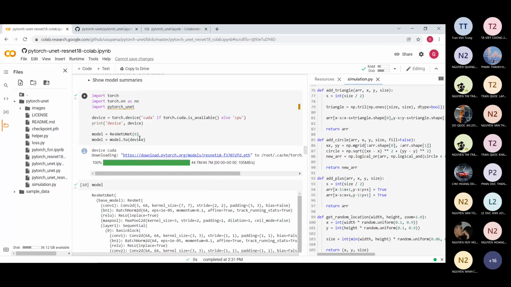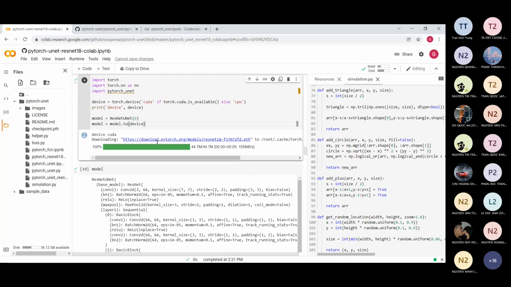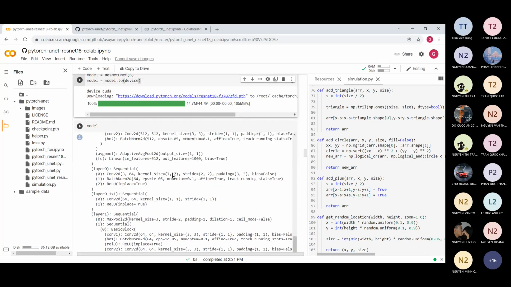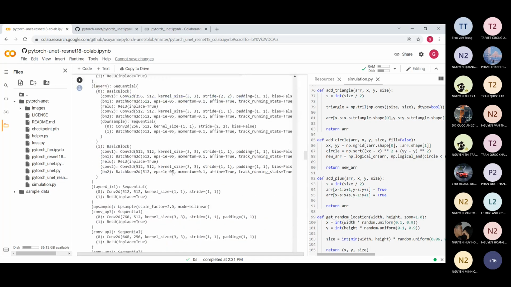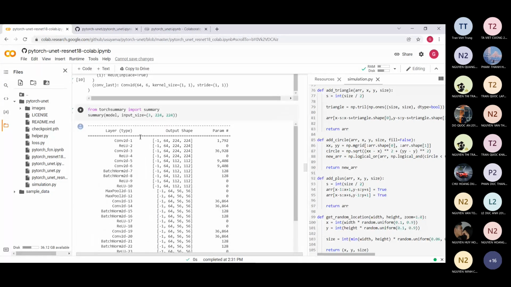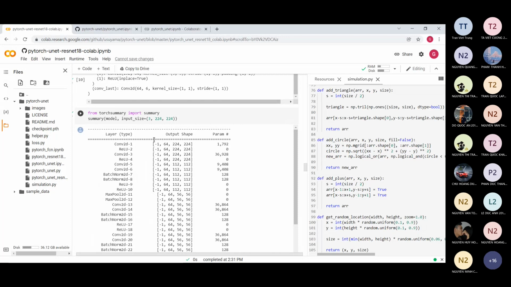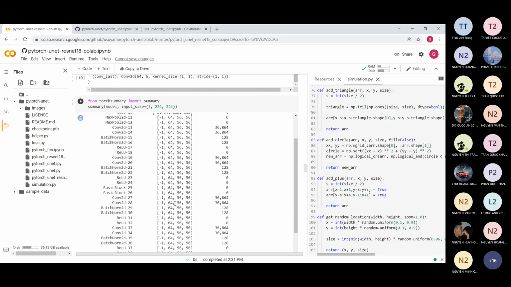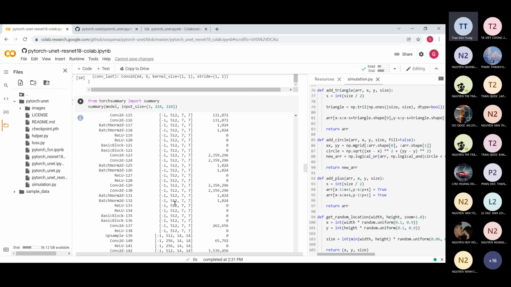Here they call the class model and push it onto the device, the GPU if it is available. You see the summary of the model here. They use the summary library to see the output of each layer.